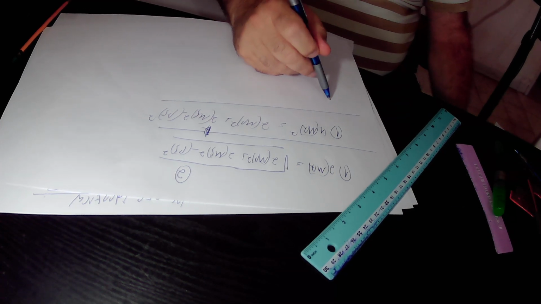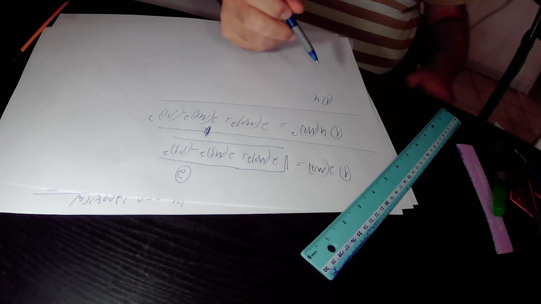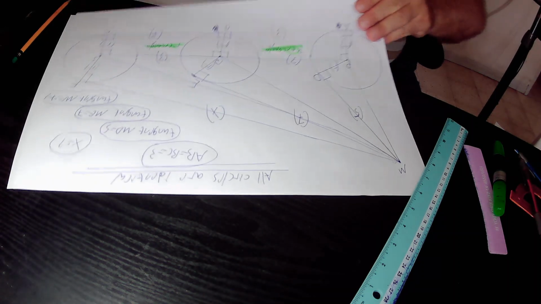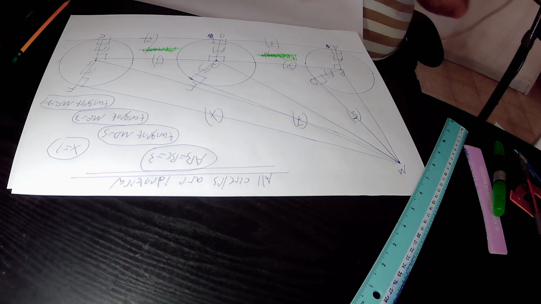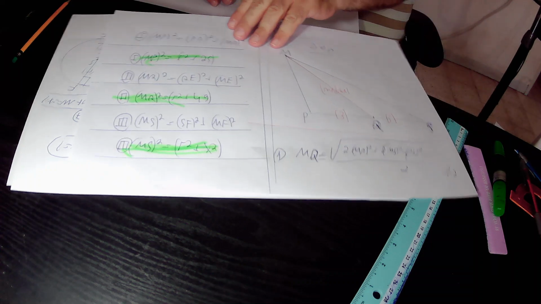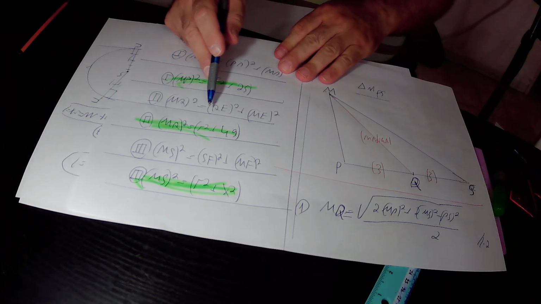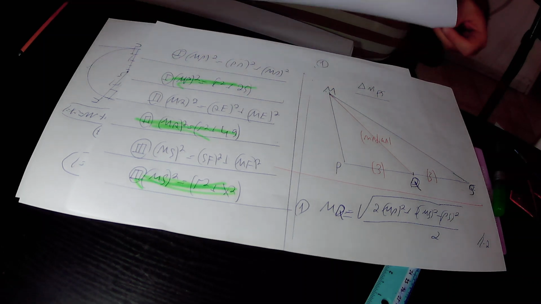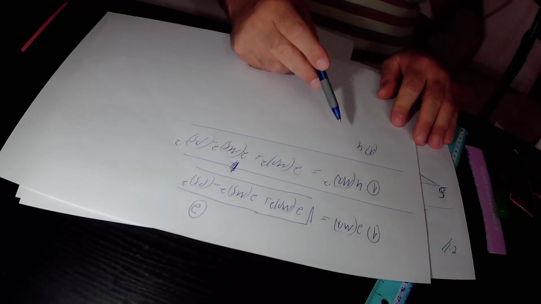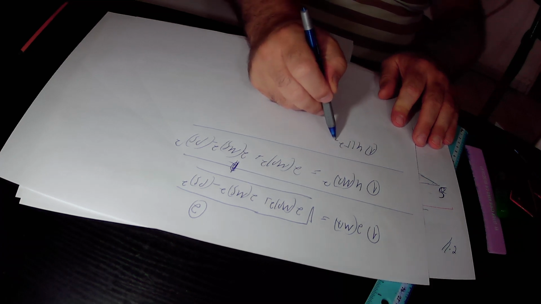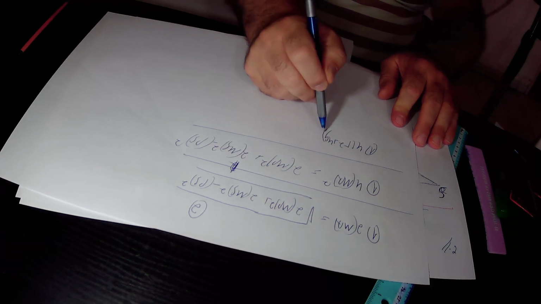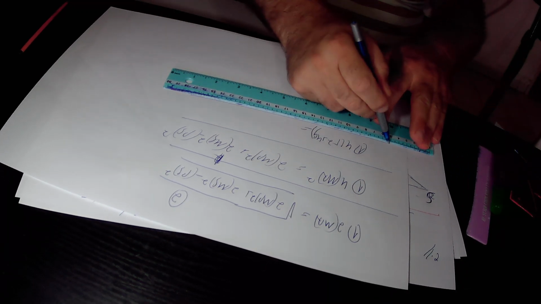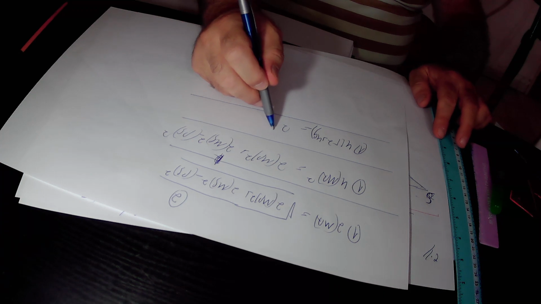So according to equation 1, 4 times mq squared. But mq squared is r squared plus 49. Therefore, we substitute mq squared here by r squared plus 49, and it is equal to 2 times mp squared.